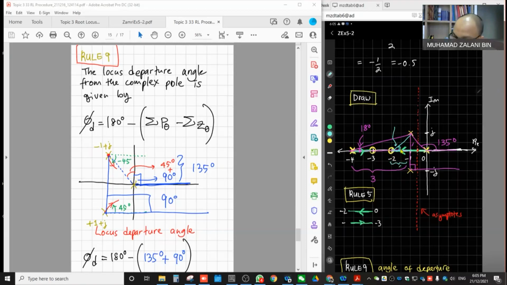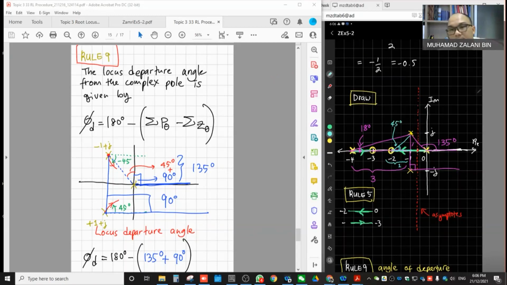Which is 1. So press calculator. Arc tangent 1 is 45 degree. So this one is 45 degree.